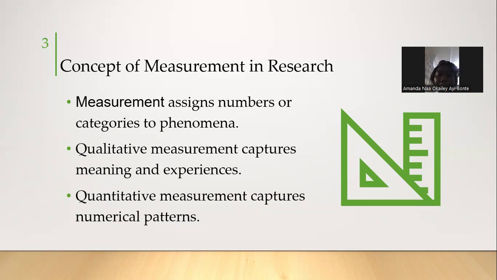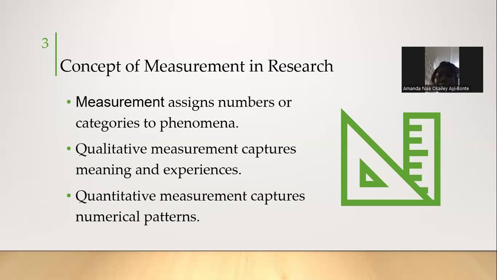Now, in research, we have qualitative measurements, and then we have quantitative measurements. We already said qualitative data looks at the descriptive side of it, the experiences, the feelings. And so the measurement captures the meanings and experiences of the people you are gathering. So the qualitative measurement looks at tools that will be able to capture these experiences, these meanings, these feelings, these opinions.